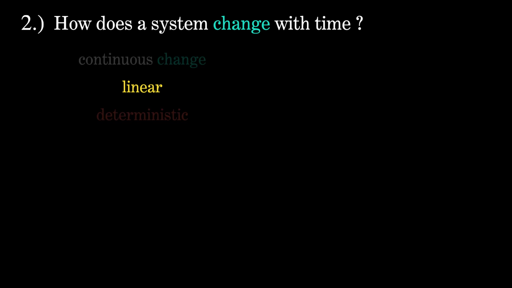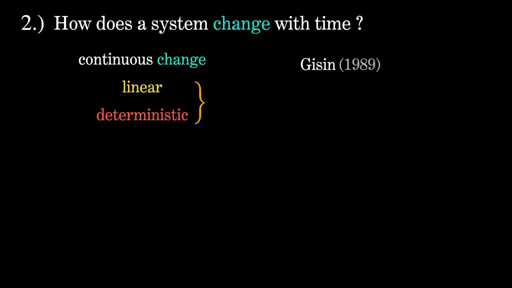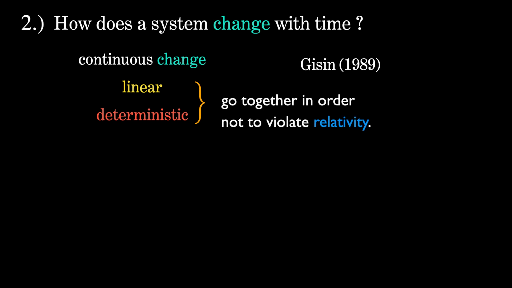Thus, it is reasonable to assume that these two properties go together. If time evolution is deterministic, then there are strong reasons to believe that it must also be a linear transformation. This was again argued in that paper by Gisin from 1989, mentioned in the last video. These two features have to go together in order not to violate the principle of relativity.